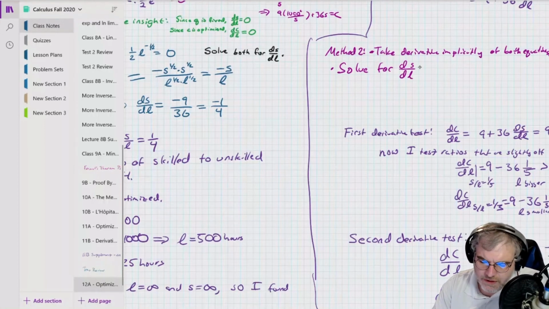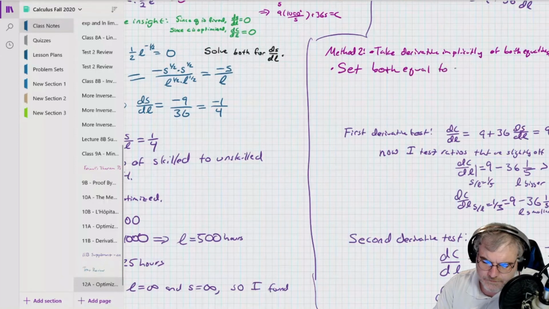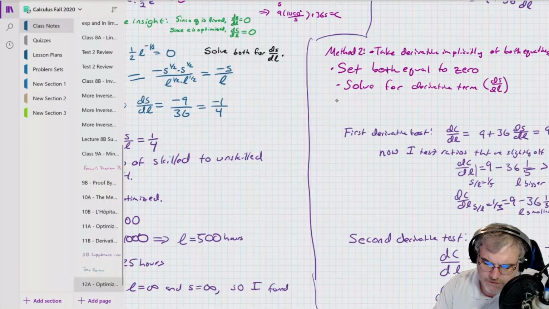Oh, and set equal to 0. Set both equal to 0. Solve for the derivative term, ds over dl in this case. Okay. Sub to find r in terms of L when optimized.